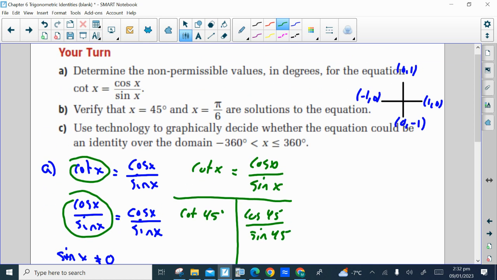So on our unit circle, 45 degrees, in the middle, and remember the coordinates there were both 1 over root 2 or root 2 over 2.